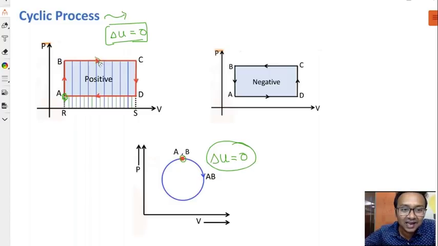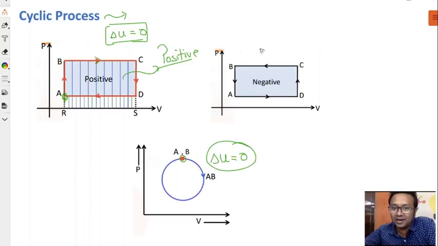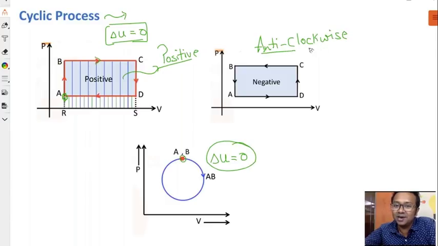If the cycle is going in a clockwise manner, then the work done is positive. And if the cycle is covered in an anti-clockwise manner, my dear students, then the work done is negative. We have a good point to explain that, but just remember these facts and I guarantee you will be able to solve every question on indicator diagrams, students.